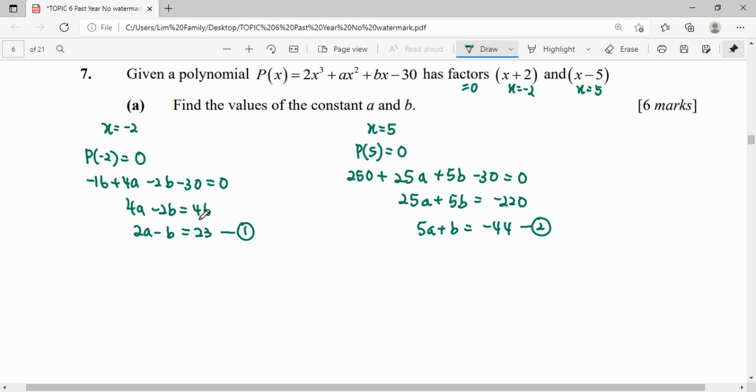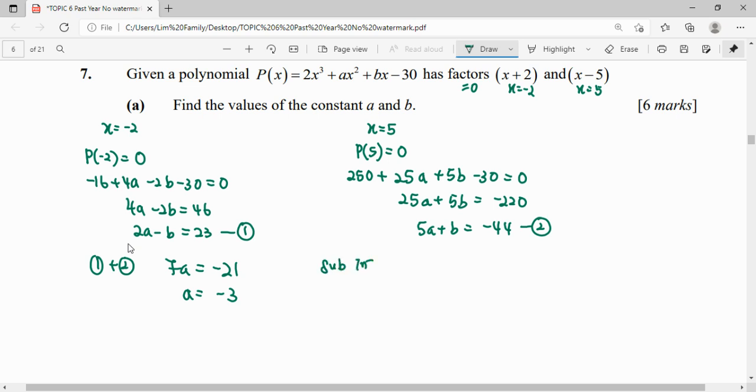So solve these simultaneous equations in order to find a and b. We can see I have a similar b here, one is positive, one is negative. So we will take equation 1 plus 2 in order to eliminate b, so we can find a. So we get 7a. So we get a equals negative 3.